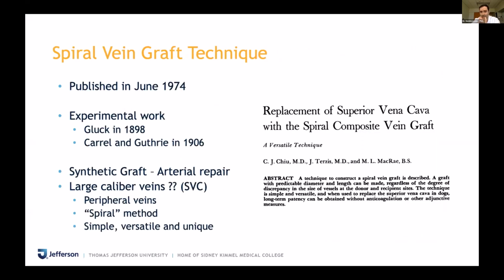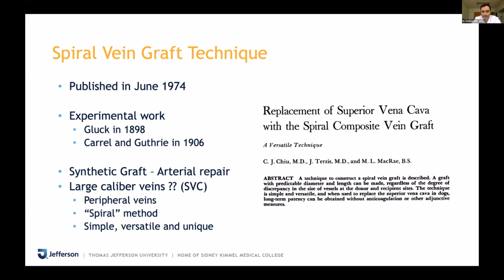Just looking a little bit at this spiral vein graft technique, I had heard about it, but really the earliest thing I could find online was published in 1974. There has been some experimental work done by Gluck in 1898 and Carrel and Guthrie in 1906, but at the time when this paper came out, synthetic grafts were considered for arterial repair, but there was really not much for large caliber veins like the SVC.